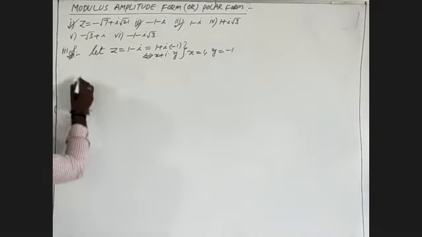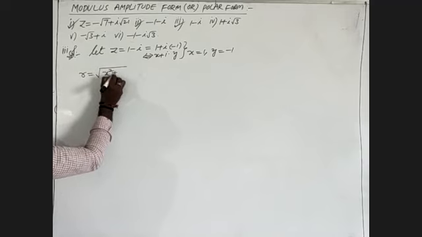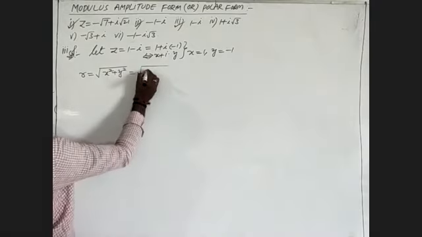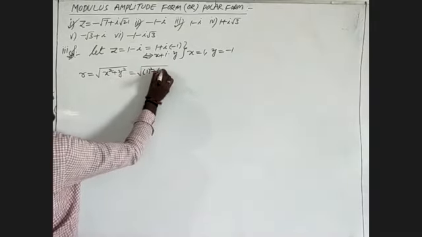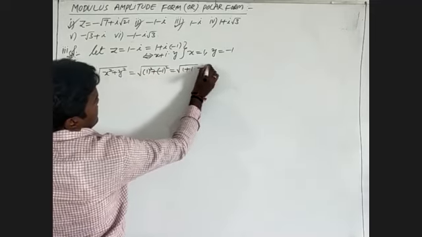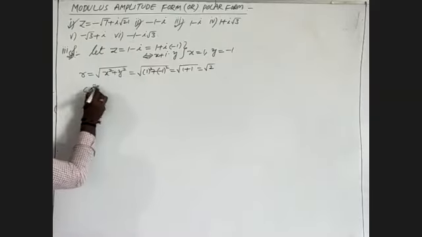After that we have to find out the value of r, where r is nothing but root of x square plus y square. That is, 1 square plus minus 1 whole square, that is, 1 plus 1, which is root 2. After that we have to find cos theta.